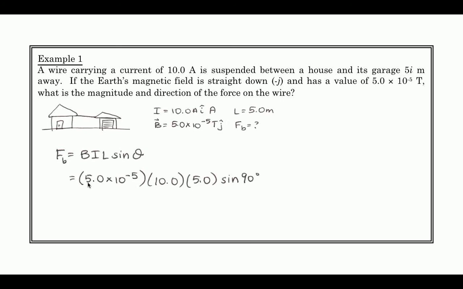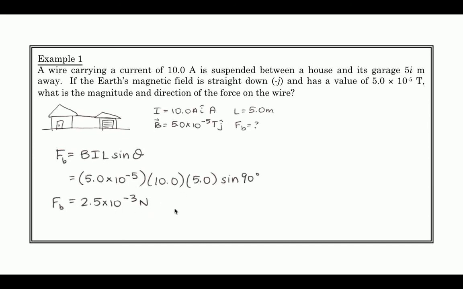Here's the magnetic field B, here's the current I, here's the length of the wire, 5.0 meters, and here's the sine of 90, because the angle between i-hat and j-hat is of course 90 degrees. What we end up with is 2.5 times 10 to the negative 3 newtons. So not very much force at all.